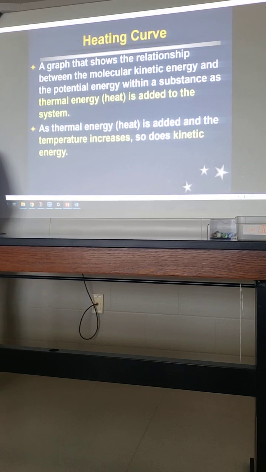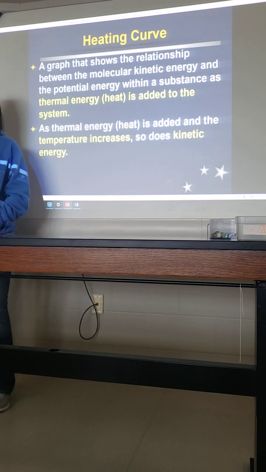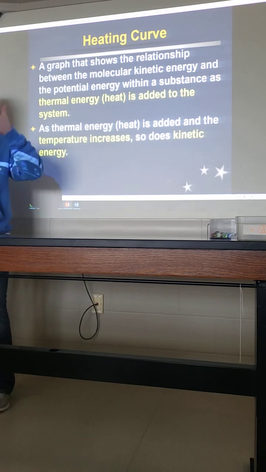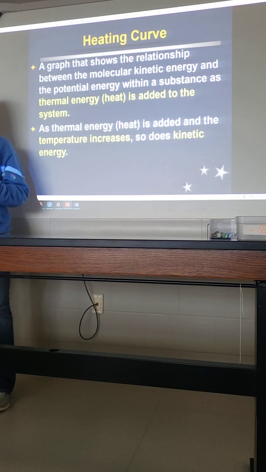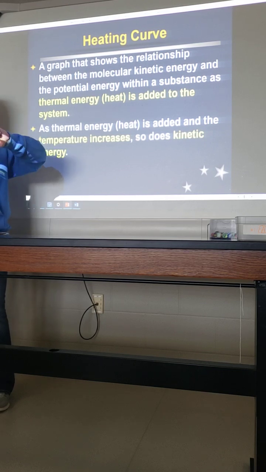Totally makes sense, nothing to memorize, right? As you add heat, things usually warm up, right? It increases the temperature. And we know there's that direct relationship between kinetic energy and temperature. They're besties. As one goes up, the other goes up. They do the exact same thing. If temperature goes down, then that means the kinetic goes down.